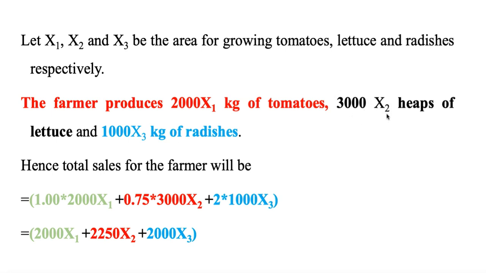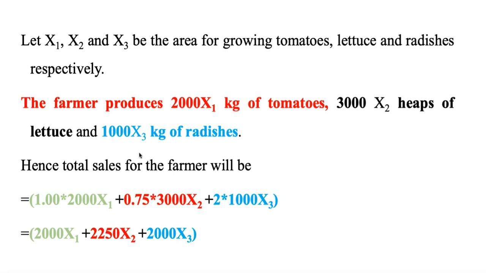If x2 acres are available for cultivating lettuce, then the total output from x2 area will be 3000 into x2, and 1000 kg is the per acre output of radish. If x3 is the total area under cultivation for radish, then 1000 into x3 will be the total output of radishes from the total area x3, right?